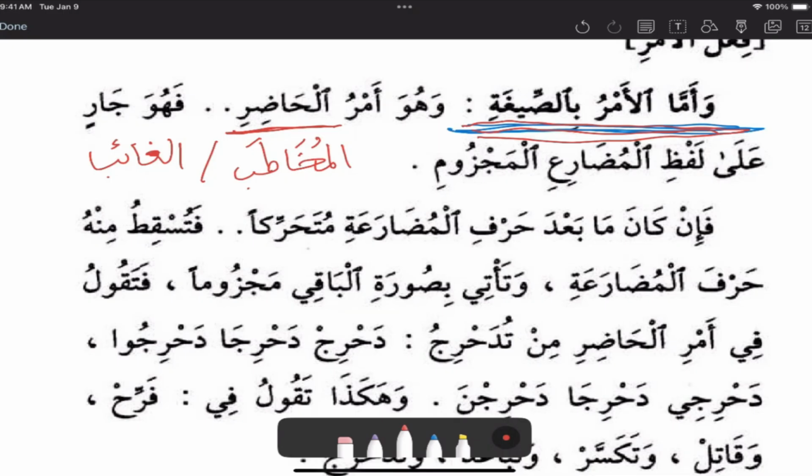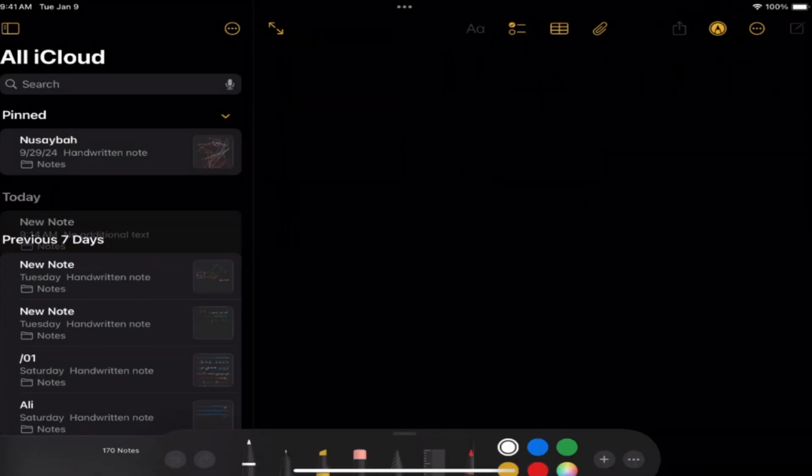That means, in other words, that the command originally pertains to you. Yani, I'm translating into English. You, the one you're speaking to. So in Arabic, you'd say, what do you have in Arabic?